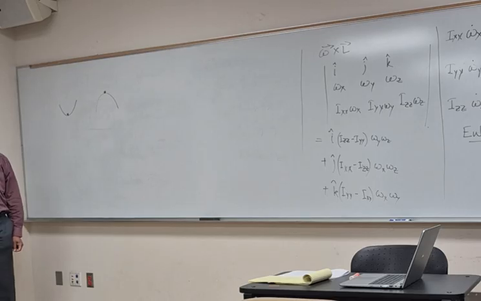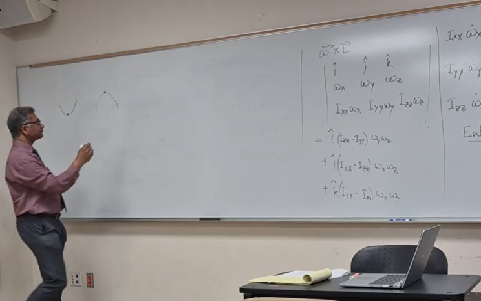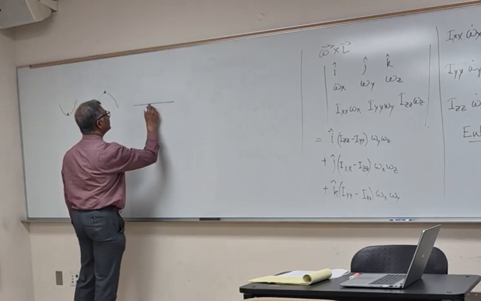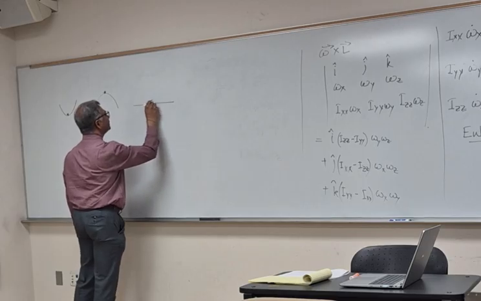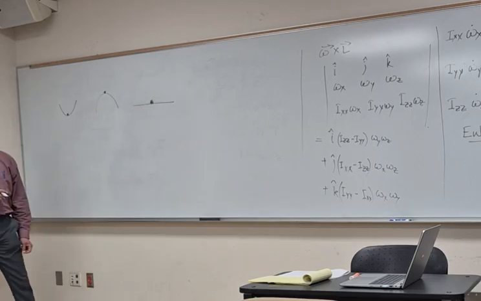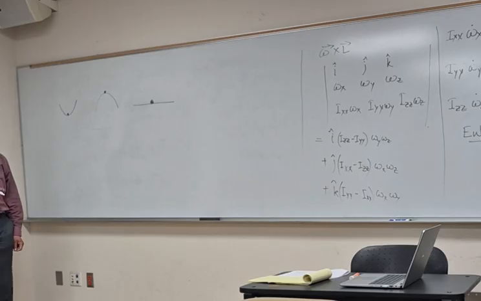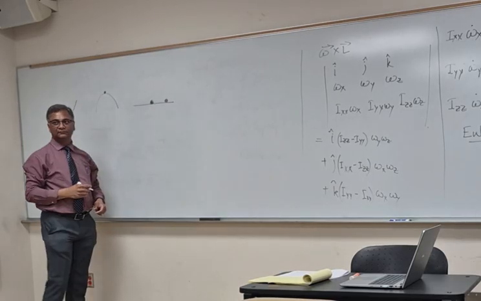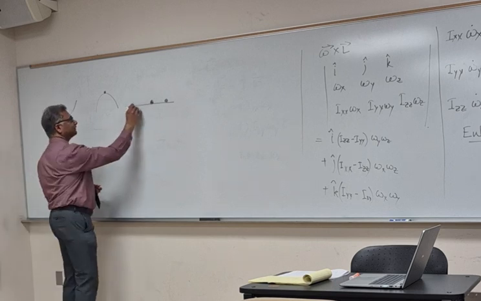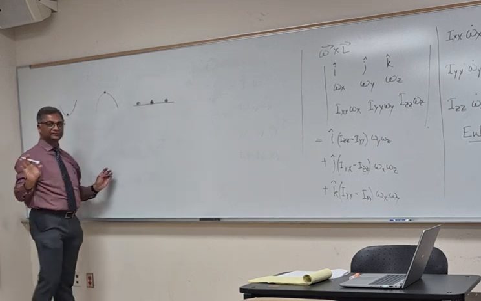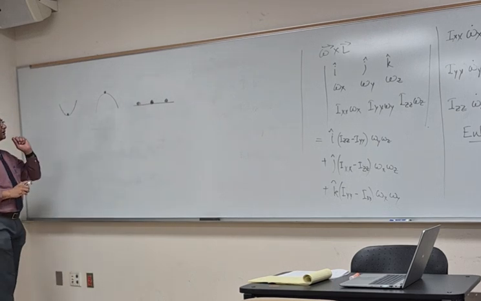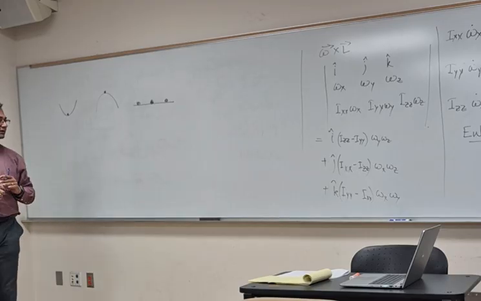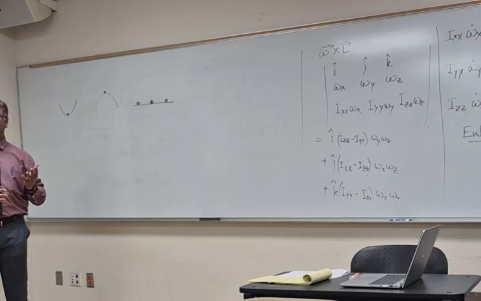Unstable. Suppose you have a billiard table, and you have a ball sitting here. Stable. What about if the ball is sitting here? Still stable. Intuitively, we know which configurations are stable and which are not.